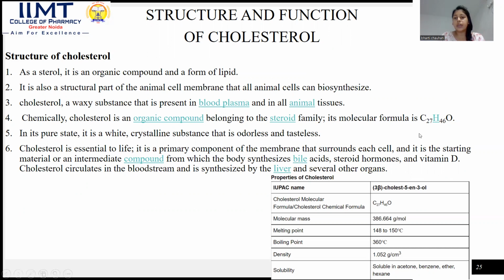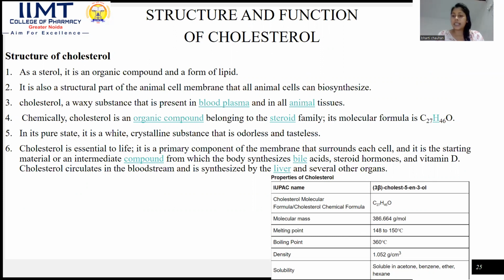I've already included the properties of cholesterol in tabular form. So look at this. The molecular formula is C27H46O. Molecular mass is 386.64 grams per mole. Melting point is in the range 148 to 150 degrees Celsius. Boiling point is 360 degrees Celsius. Density is 1.052.